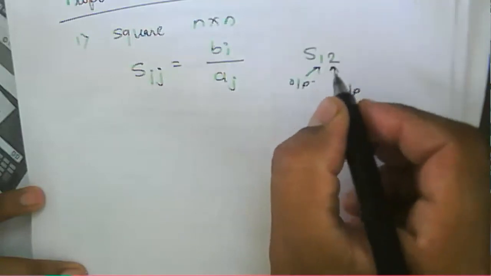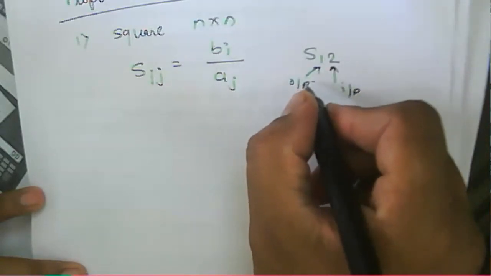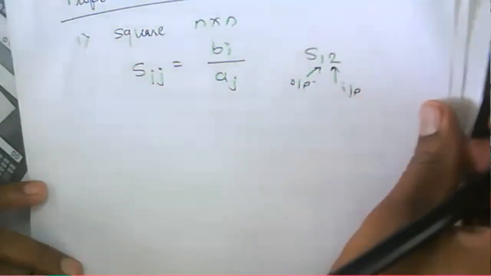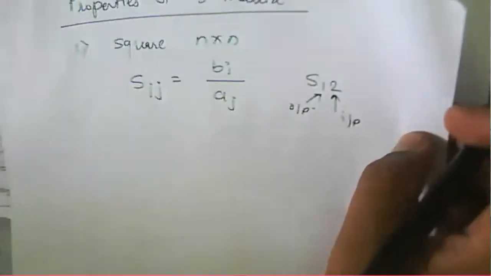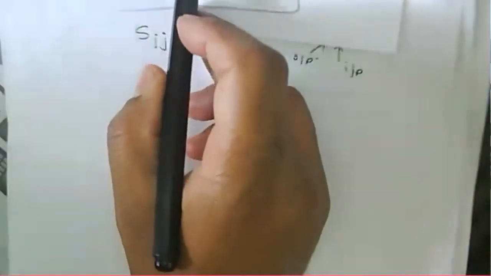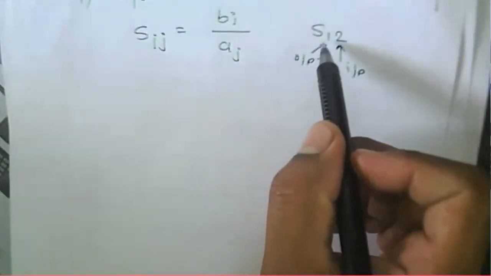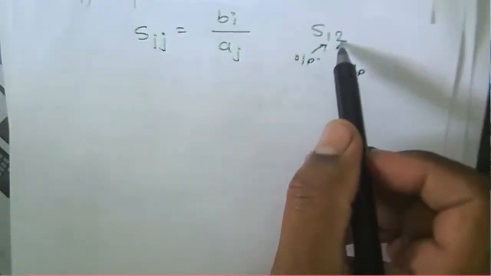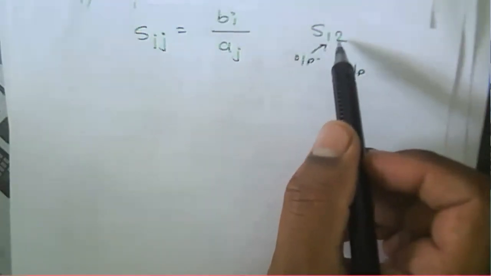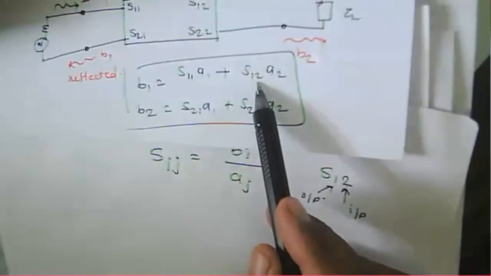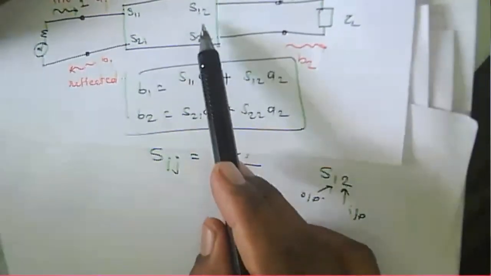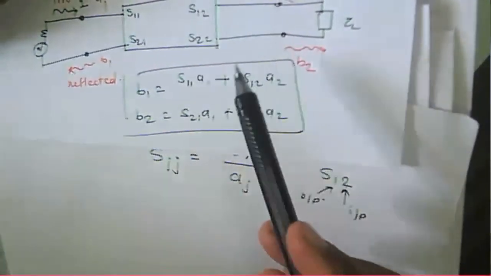So S12 means 2 is input and 1 is the scattered output.